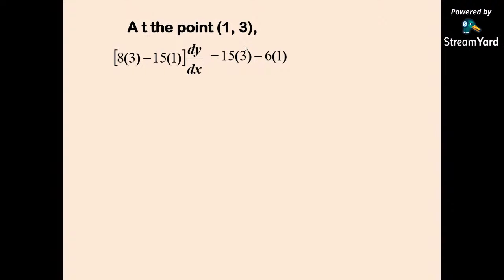Okay, so do make sure to have dy over dx as the subject. So we are going to get dy over dx is actually equal to 13 over 3. So we're going to substitute the value of x and y, and then we're going to see what is the value of dy over dx.